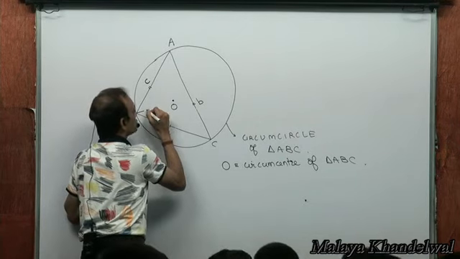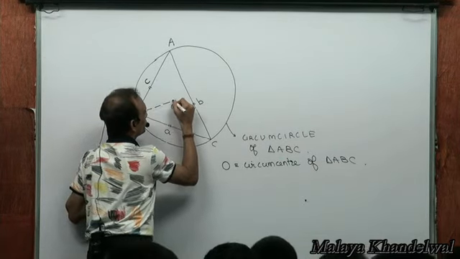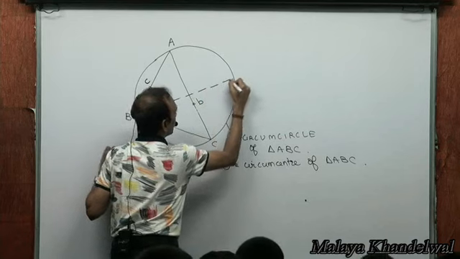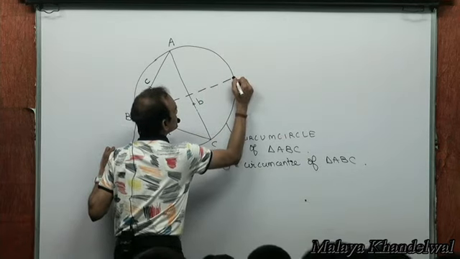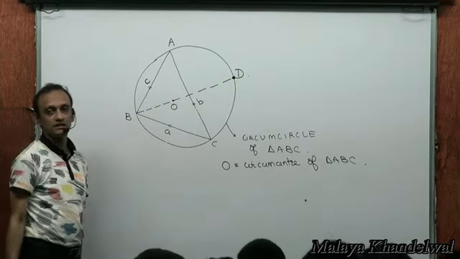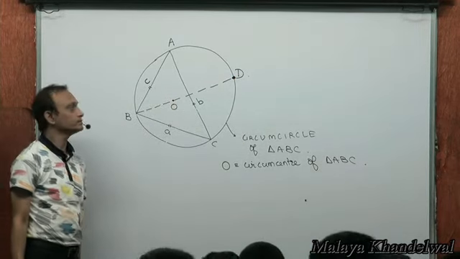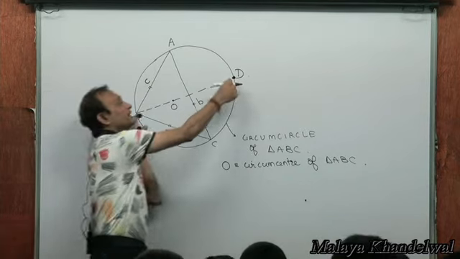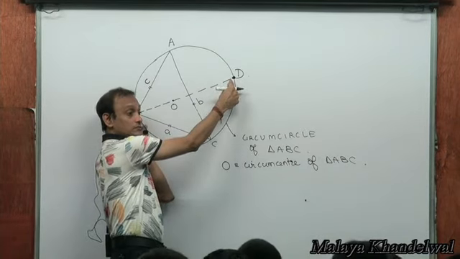Now, let me join B and O and produce it to meet the circle at D. Then BD essentially will be the diameter of the circle, right?